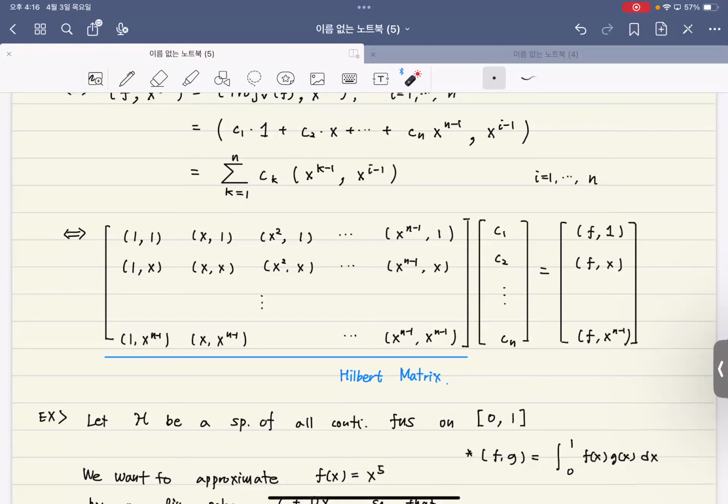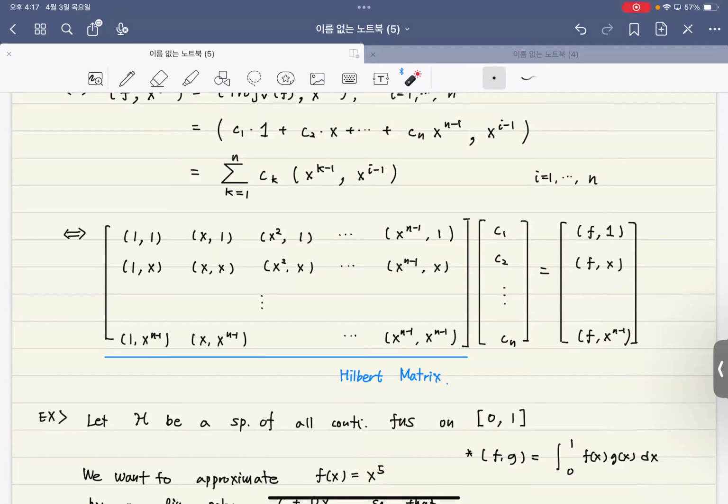But it has been shown that in that case, the last diagonal entry is always very close to 0 for the Hilbert matrix. So why does that make trouble?